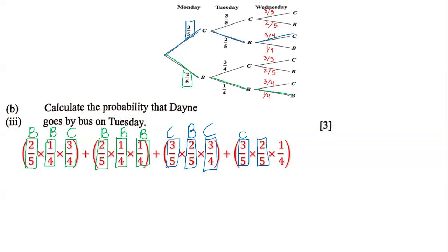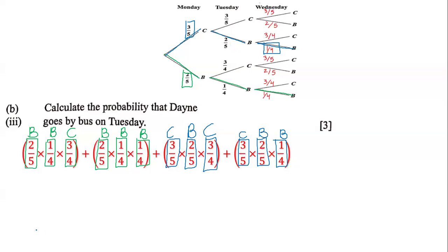And then instead of taking the car on Wednesday, he could take the bus. So if he takes the bus, that's going to be 1/4. And so that's definitely the bus.